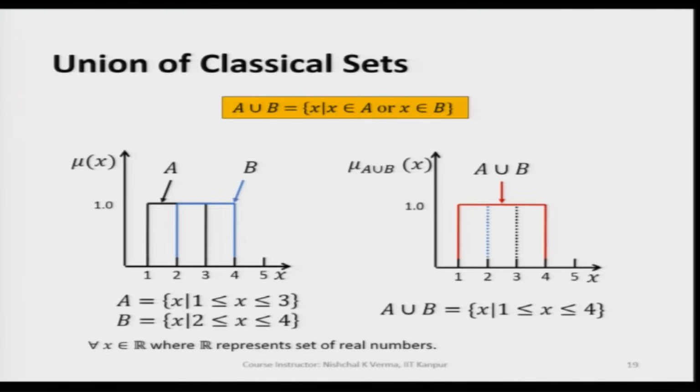This can be clearly understood by this example, where we have two classical sets, A and B, and when we find A union B, we can clearly see that all of the elements of A and B both are included in A union B. This way we get the union of classical sets.